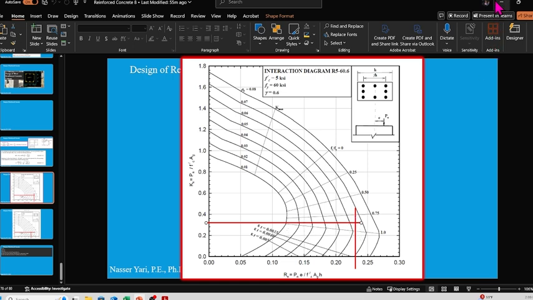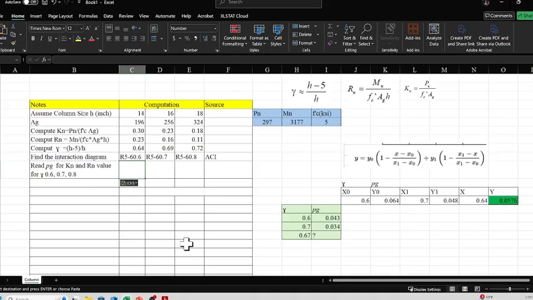So I'm going to come back in here, in my Excel, and type in the rho value 0.064. That was for gamma 0.6. Okay, what I can do here is copy this.